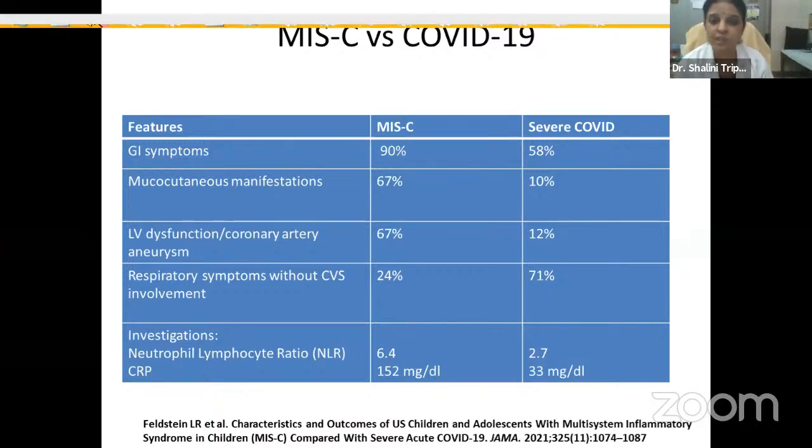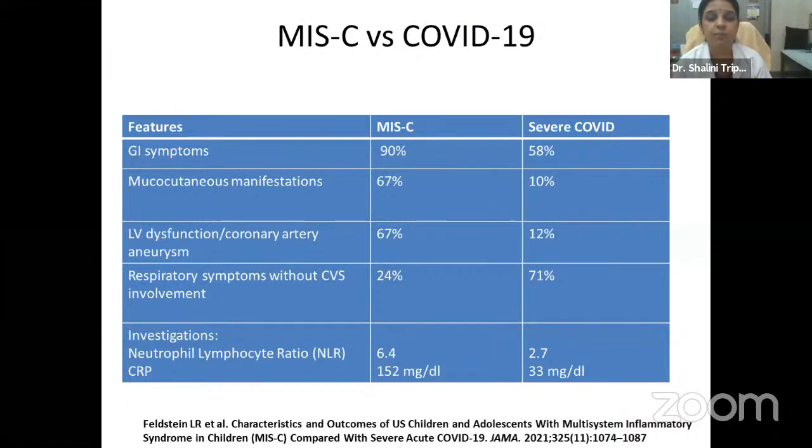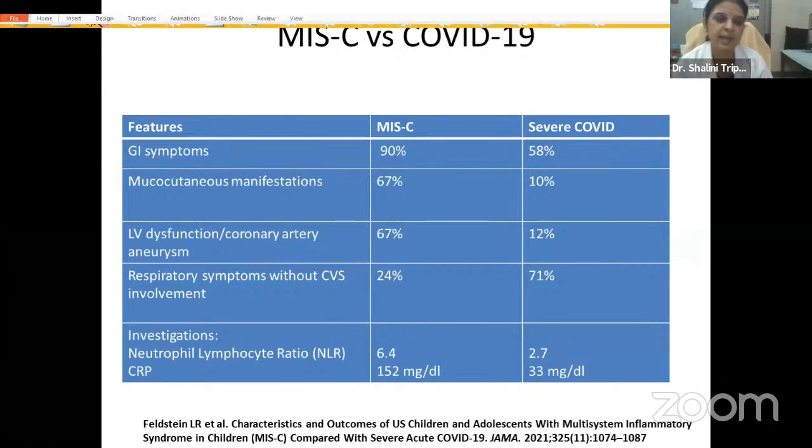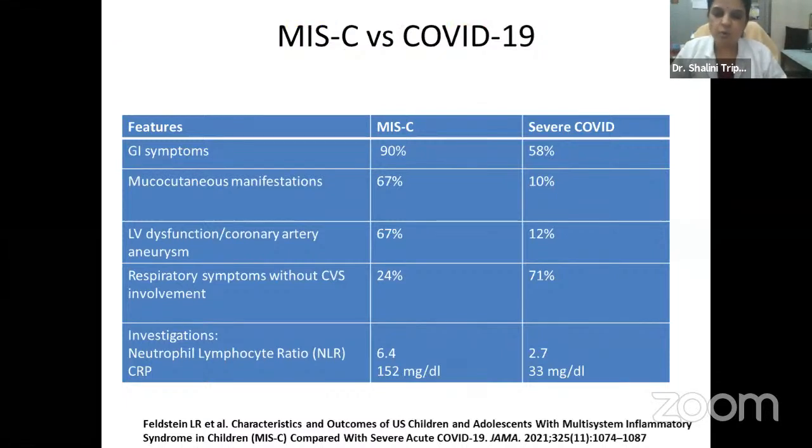Mucocutaneous manifestations were more common in patients with MIS-C, 67% versus 10% in severe COVID. Then LV dysfunction and coronary artery aneurysm were seen more commonly in MIS-C.